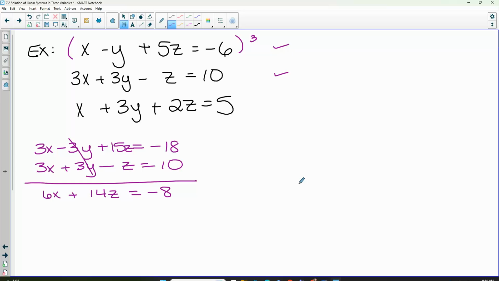Which equation do I have to use next? Okay, have not used the last one, so I have to take it with one of the others, and I have to eliminate the same thing. So I'm looking to eliminate y. Which one do you want to put it with? Top one, so we can just take top one times 3 again.